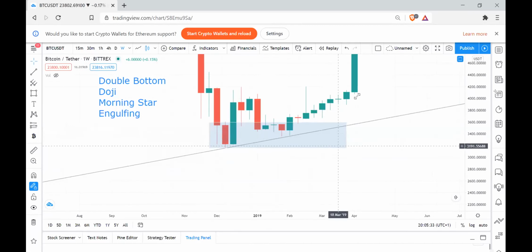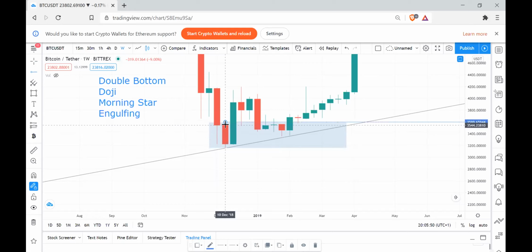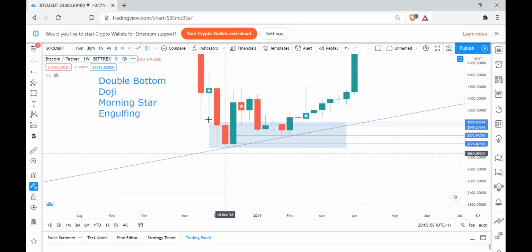So remember I said that there could be various methods by which you enter trades with this engulfing. You could choose to enter at the open over here, at the open of the wick or the open of the candle itself. You could choose to target 50% for really nice snipes, or the close of the candle.